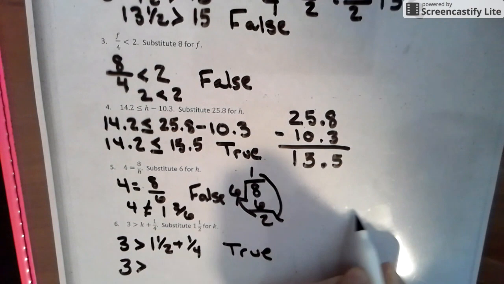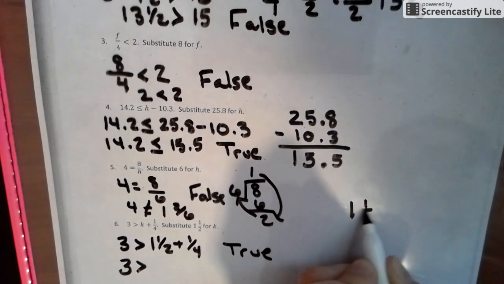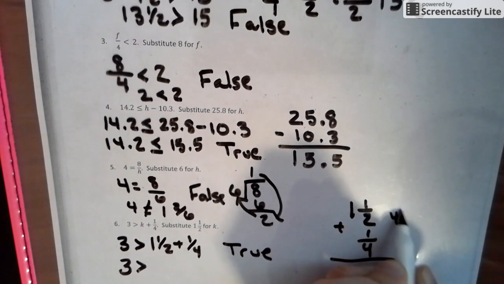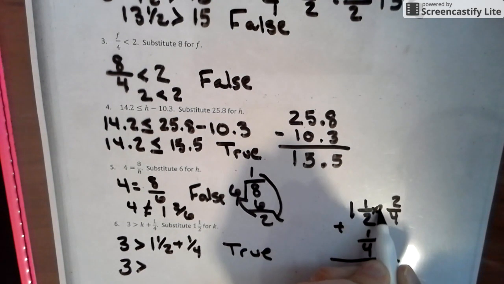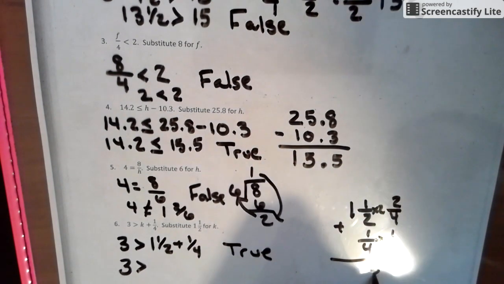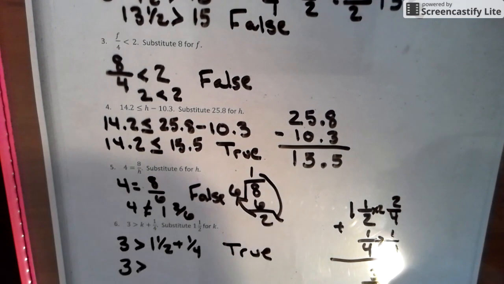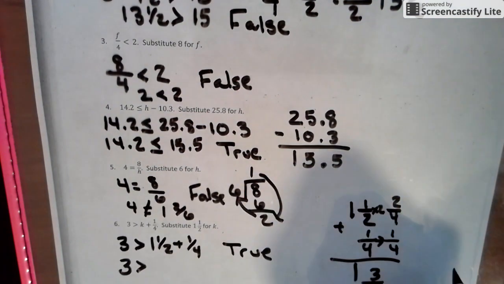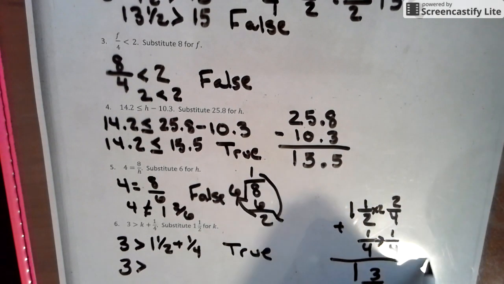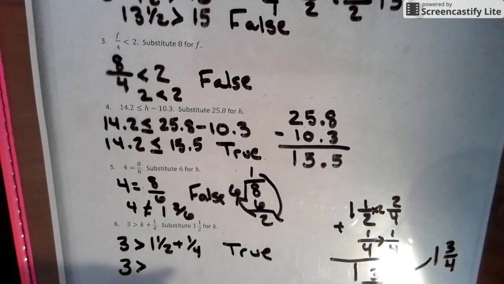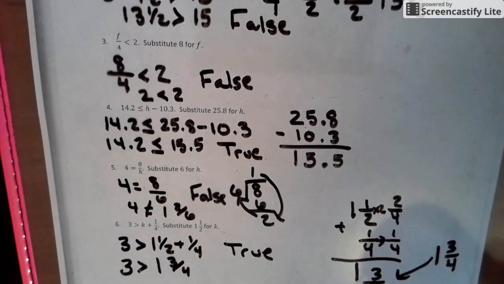Sorry about that, kiddos. 1.5 plus a fourth, common denominator. So 3/4. So this one right down here is 1 3/4. You just can't see it. So is 3 greater than 1 3/4? Yes, that's a true statement.